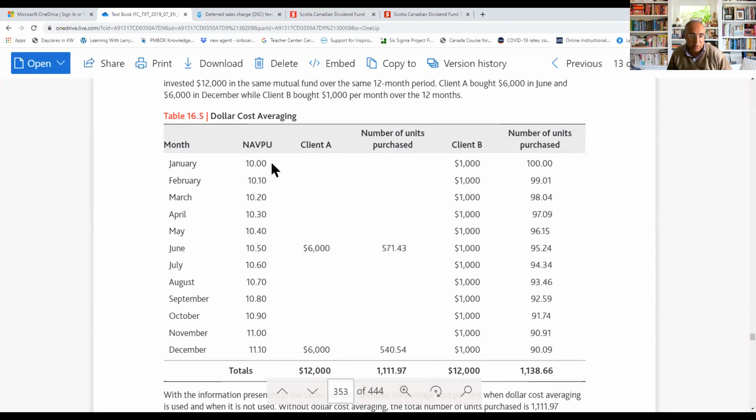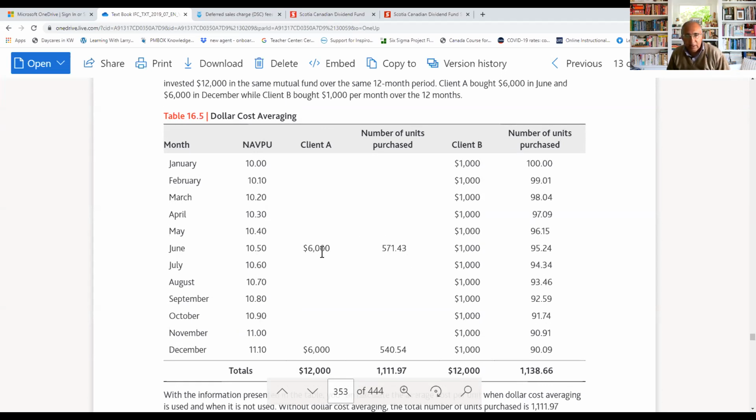Usually it will increase. Hopefully it could go down, but let's assume it's going up. And it won't be going up exactly this amount all the time, but it's just an example. 10 cents every month it's going up: 10, 20, 30. So the price is going up 10 cents every month. He puts it in June and he puts it in December. He puts in 12,000. Now, how many units does he get?